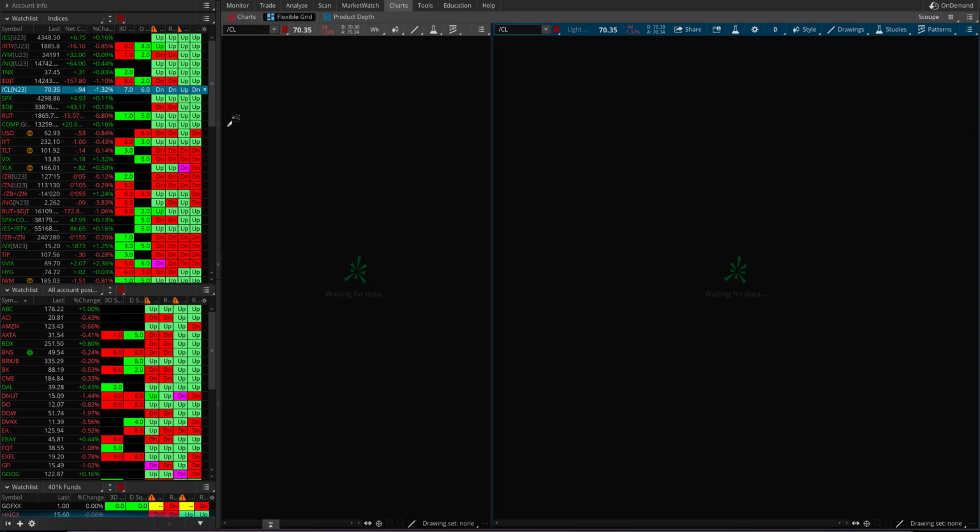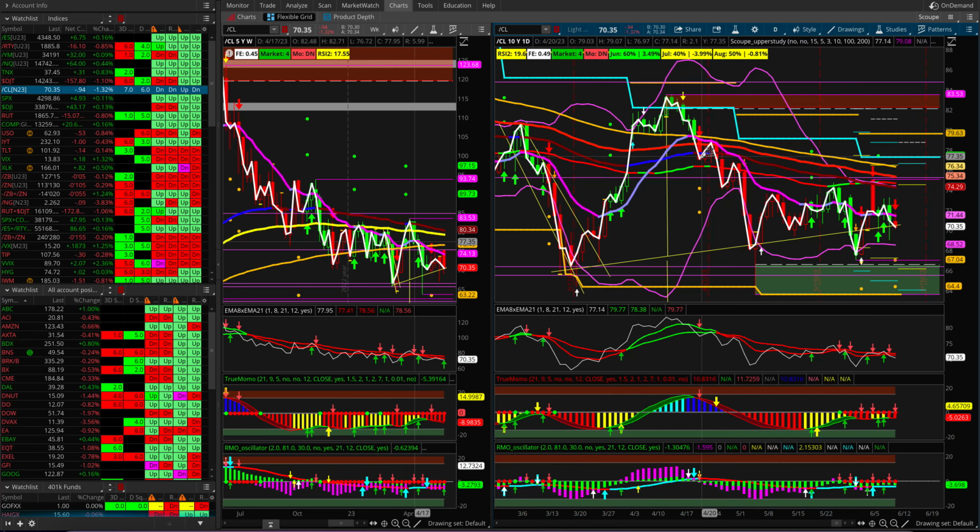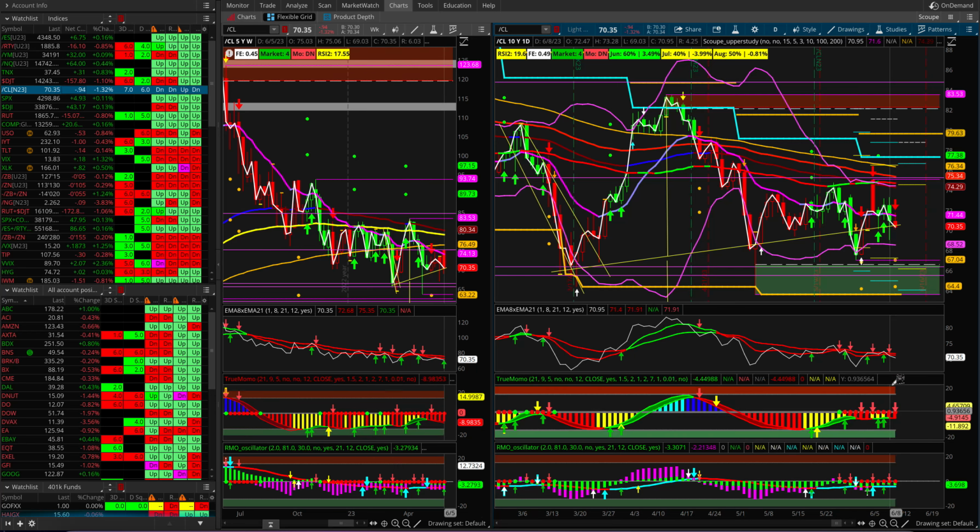Oil, what did oil do today? Down 1.32%. And it's got a sell signal on the weekly and the daily as far as the TrueMomo indicator goes. So I've also eliminated the signals that are happening off of standard momentum if they're not in correlation with the direction of TrueMomo.